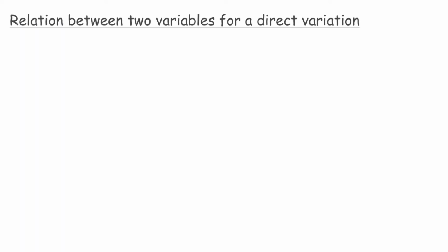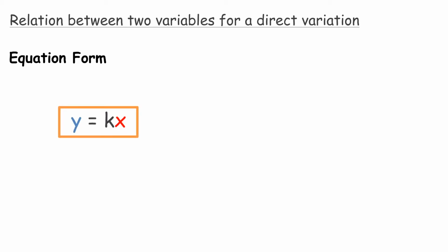For a direct variation, the equation form of direct variation is y equals kx, where k is the constant of proportionality. Since y equals kx, k equals y over x.